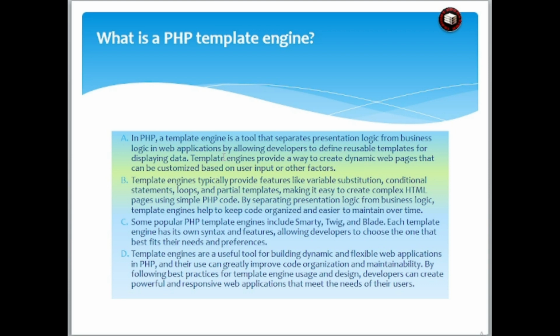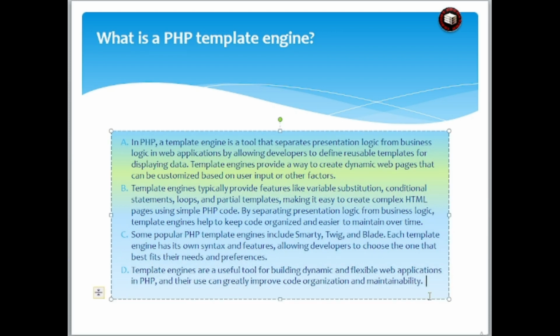Each template engine has its own syntax and features, allowing developers to choose the one that best fits their needs and preferences. Template engines are useful for building dynamic and flexible web applications in PHP, and their use can greatly improve code organization and maintainability.